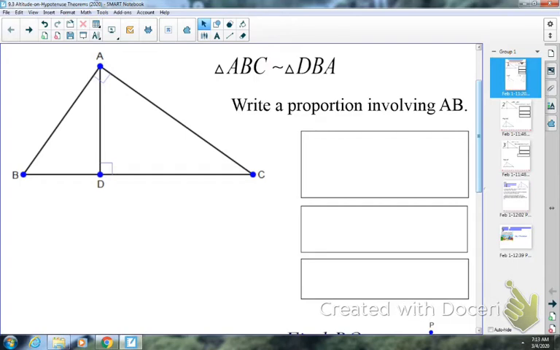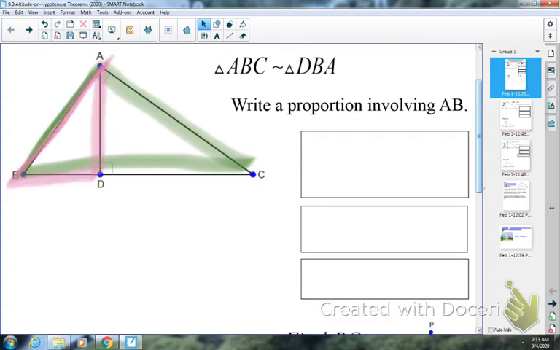So triangle ABC is the big one here, if I highlight it in green, and triangle DBA is this one on the right. Okay, so what I would recommend is drawing them separately, pulling them apart, if need be.